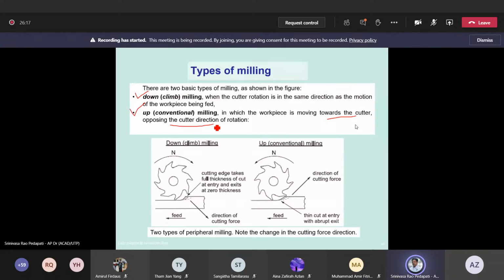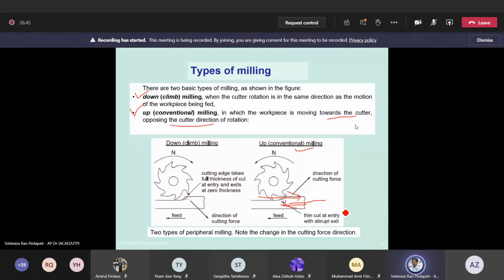That means in up milling, suppose it is conventional. Conventional means the very commonly used one. So in conventional machining, up milling, the tool is rotating, suppose, in the anti-clockwise direction, whereas the feed is horizontal. That means your work is traveling in this direction, whereas your tool is pushing in this direction.